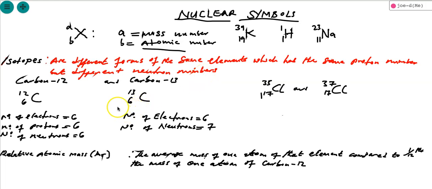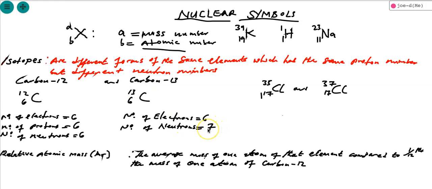So here we have carbon-13, we have 6 electrons because the atomic number is 6. Remember, the number of protons is always equal to the number of electrons. If the atomic number is 6, the number of electrons will also be 6. With a mass number of 13, the number of neutrons will be mass number minus the atomic number, and that should be 7.